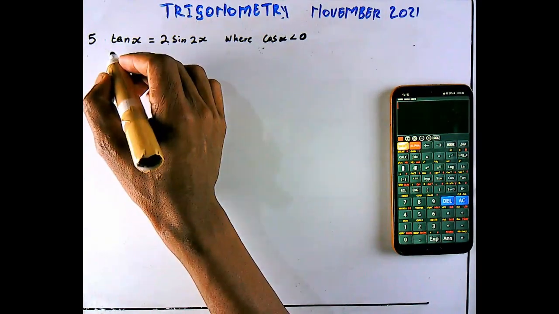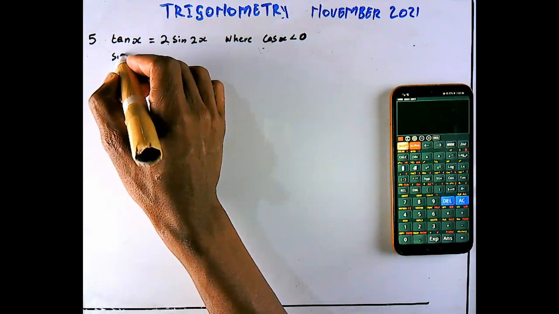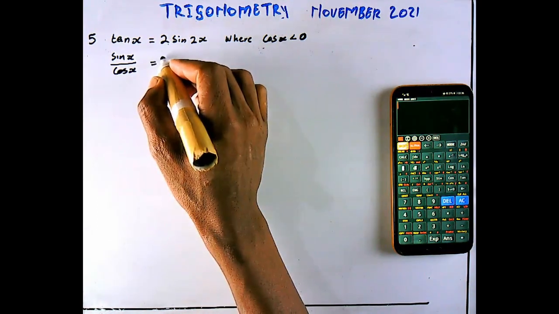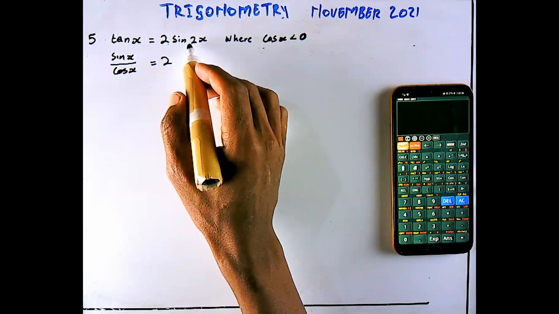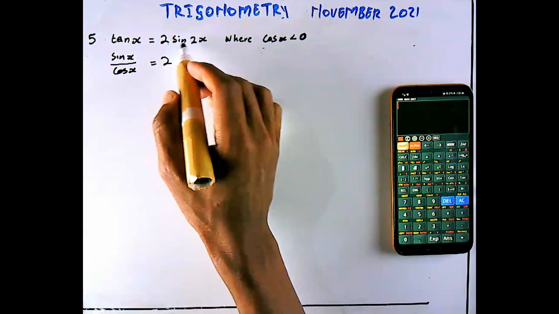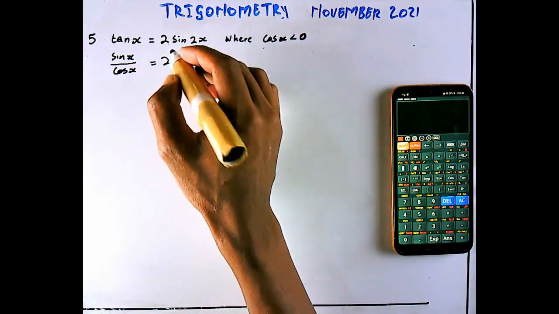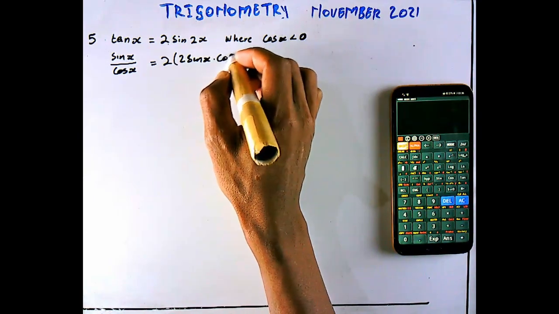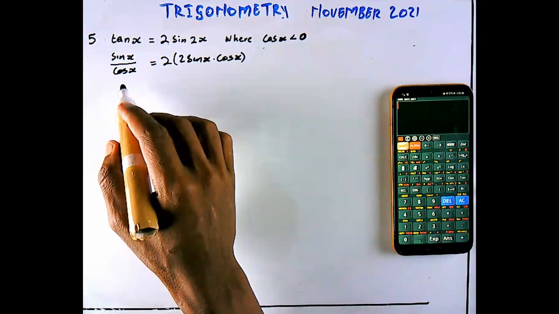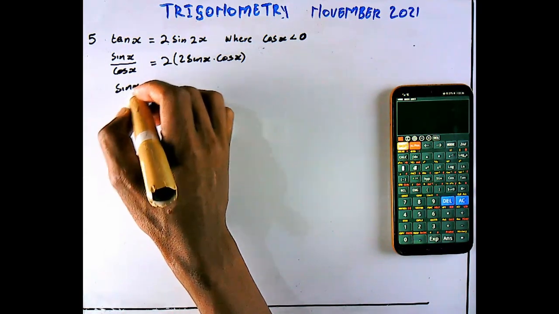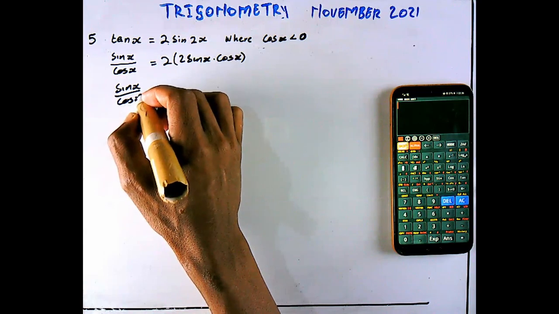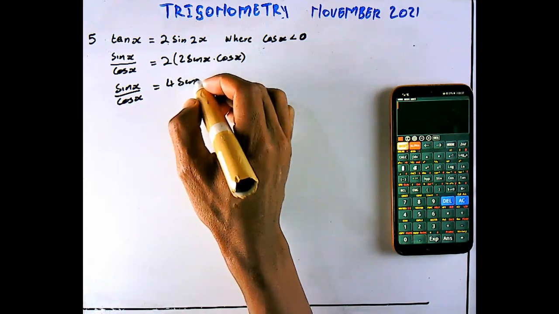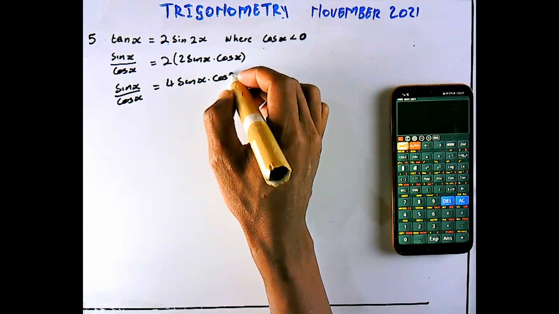So tan x is the same as sine x over cos x equals 2 sine 2x. Sine 2x is the double angle, so it's the same as 2 sine x multiplied by cos x. And then here sine x over cos x can multiply, you're going to have 4 sine x multiplied by cos x.